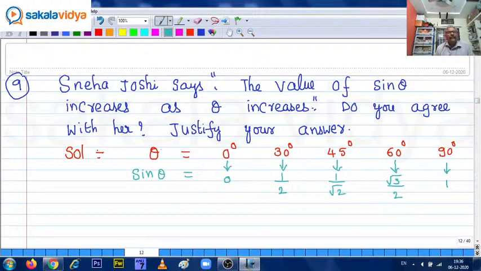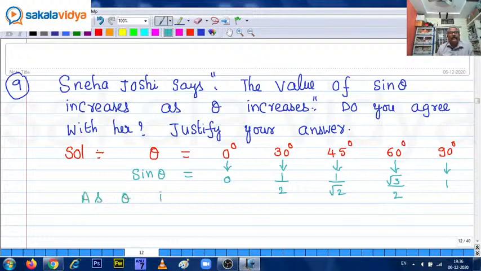See, slowly as theta increases from 0 to 30, 30 to 45, 45 to 60, 60 to 90, the value of sin theta increases from 0 to 1. So that means it's absolutely correct.